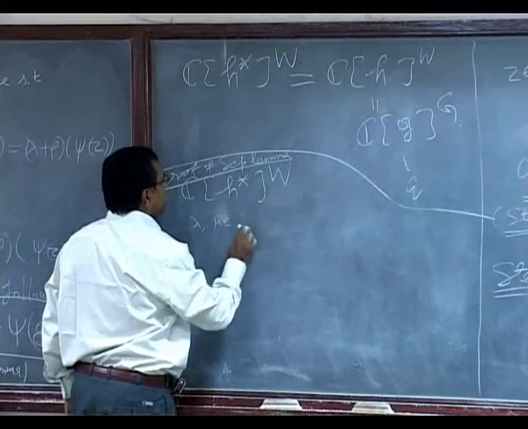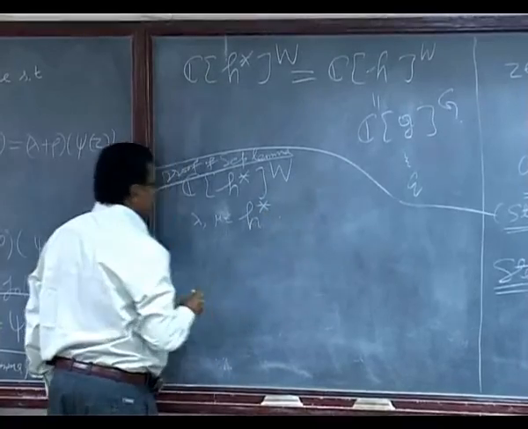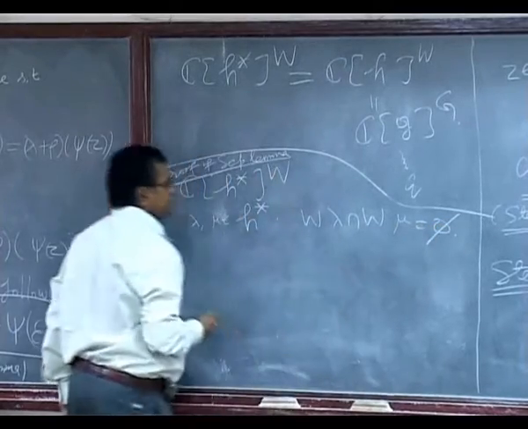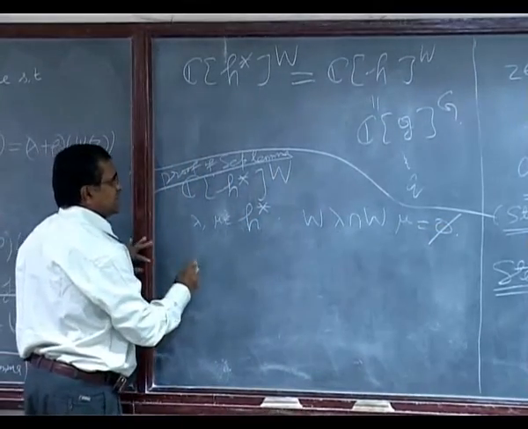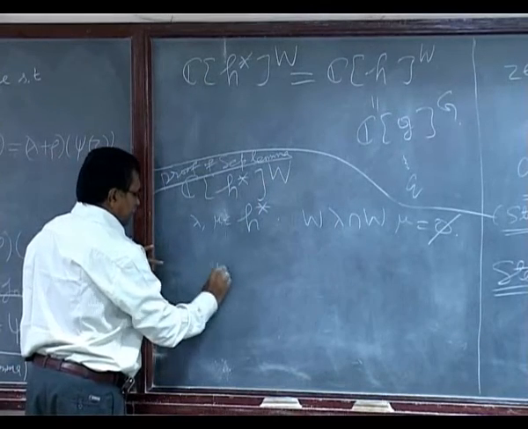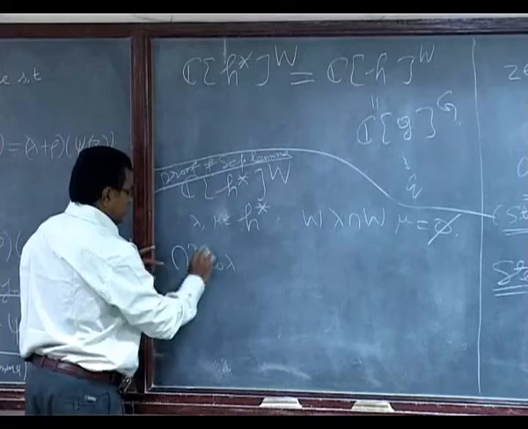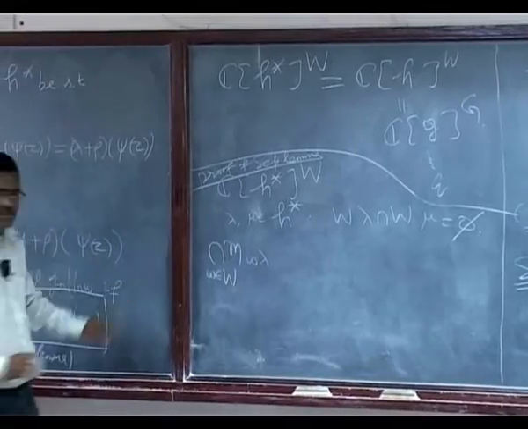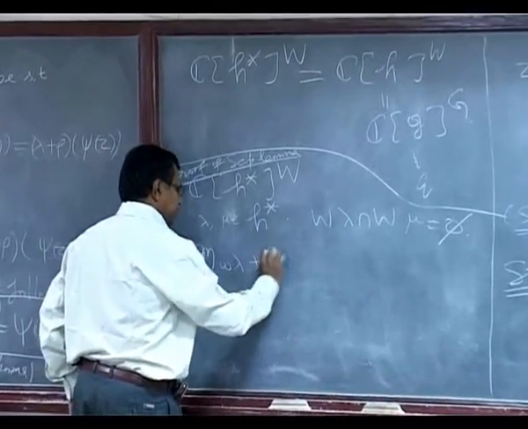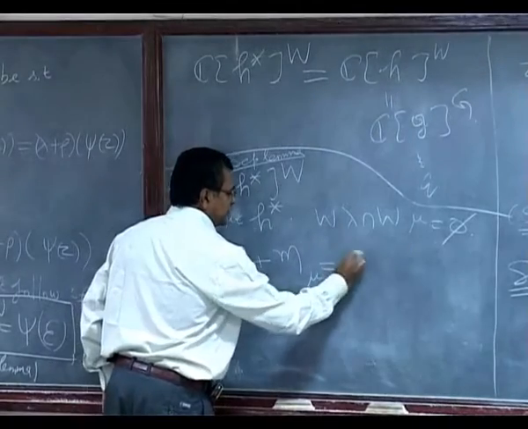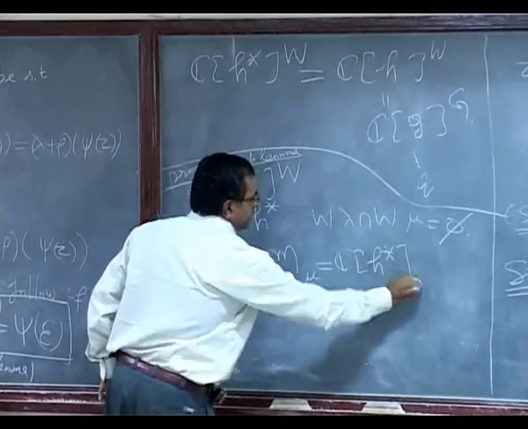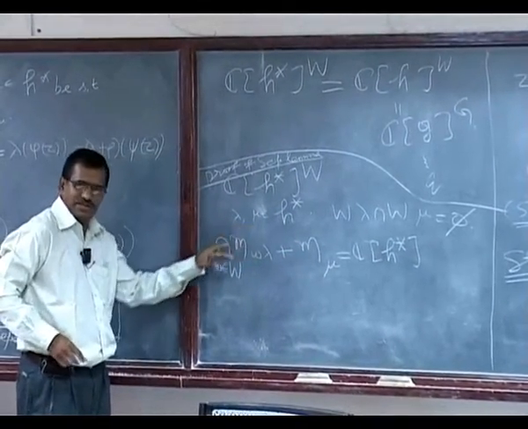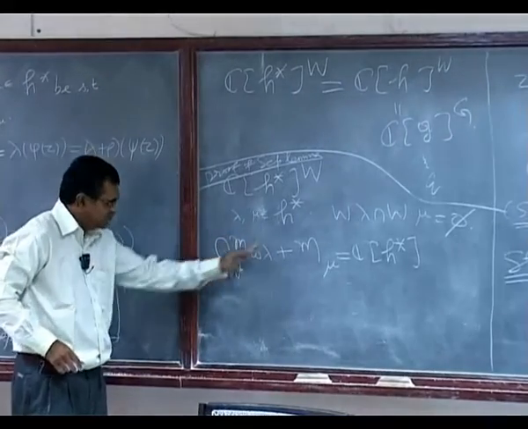Suppose these two are such that W lambda intersect W mu is empty. Now consider this. For every W lambda, look at the maximal ideals of this thing. The intersection plus M mu is the entire ring, because this maximal ideal cannot contain the intersection, because if it contains the intersection, it should contain one of them, but they are all different.